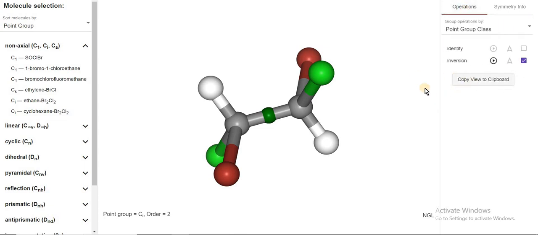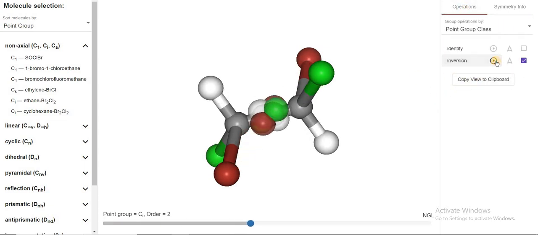Okay, so this is the operation of the inversion center. So inversion center यहाँ पर exist करता है.